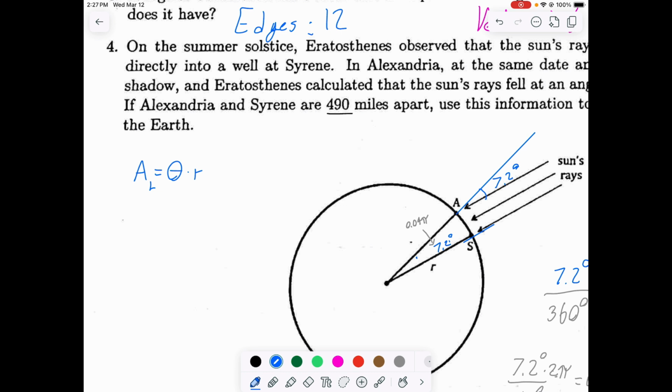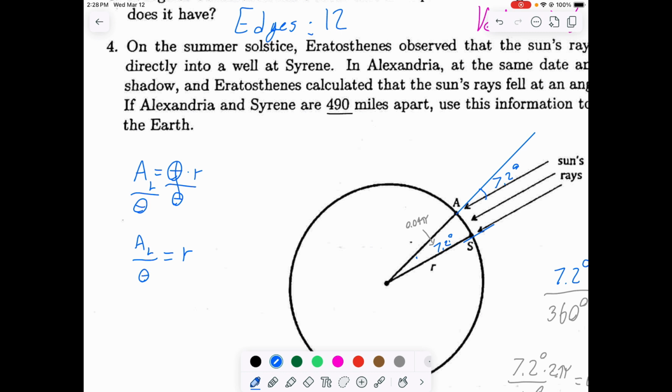So if I want to solve for the radius, all I need to do is divide both sides by theta. And so I get the arc length divided by theta is equal to my radius. Those will cancel out, of course.